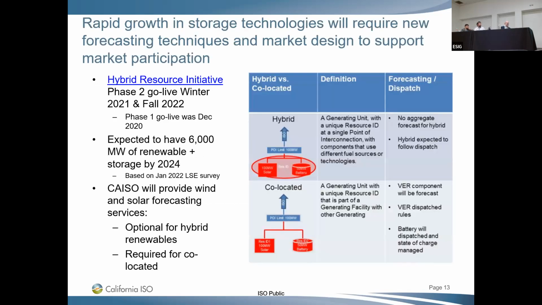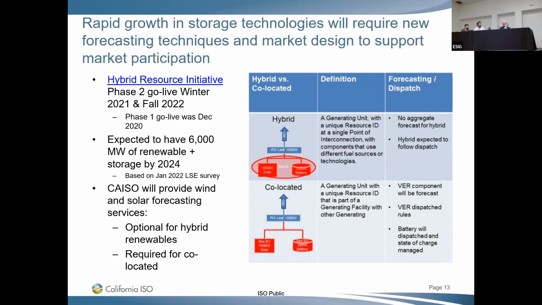So the California ISO started the Hybrid Resource Initiative back in 2020, I think. We were talking about it a lot within 2019 as well. We had some phases of the go live. They're still going live right now. But phase 2 go live, some of the system components to hook up the hybrid, are expected to go live this fall in 2022.